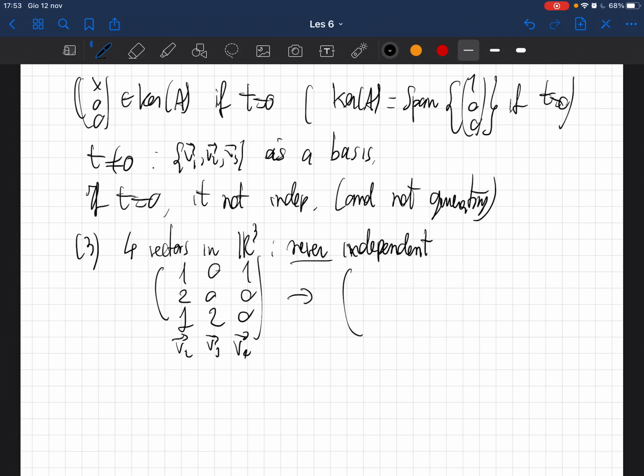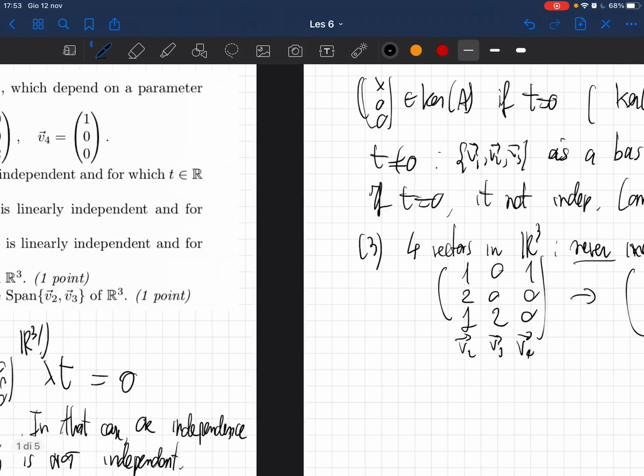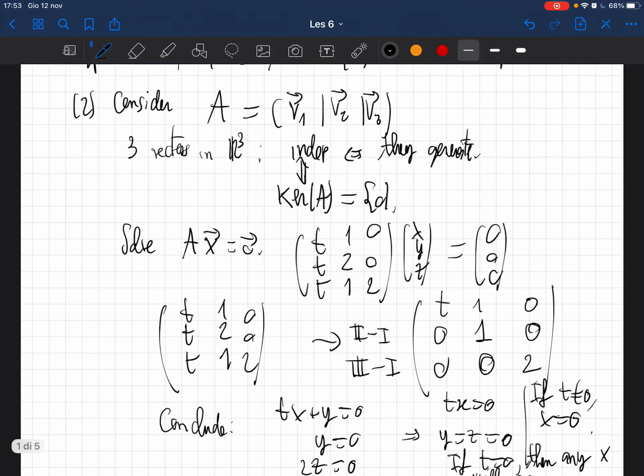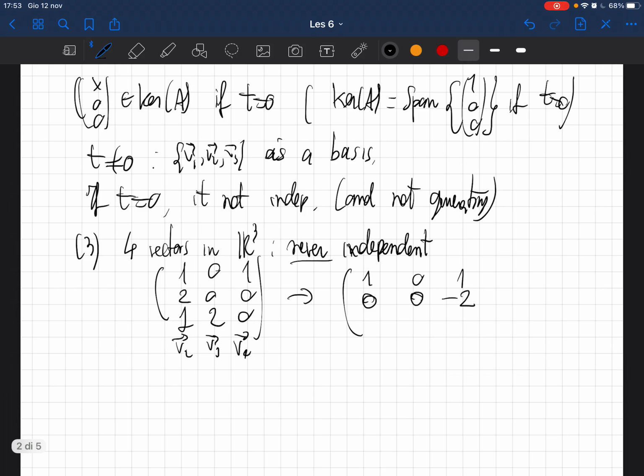So you consider the matrix with the last 3 vectors, and you try to reduce it as usual. So subtract 2 times the first, so this is 1, 0, 1, this is 0, 0, minus 2, and again here subtract. Did I subtract well here? Yes, I did. Okay, this is again 0, 2, minus 1.